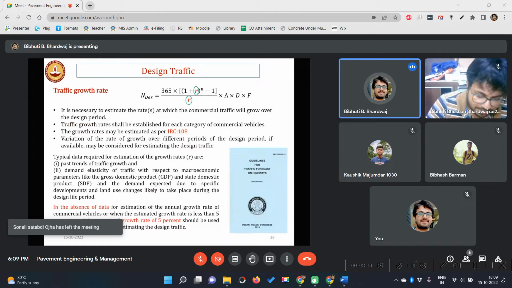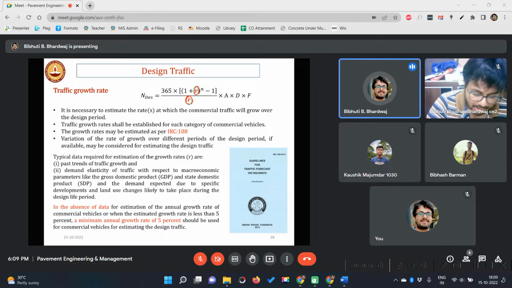Then we discussed the traffic growth rate. What should be the value of R?